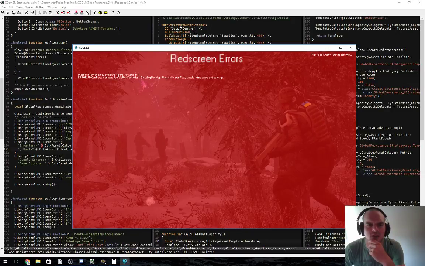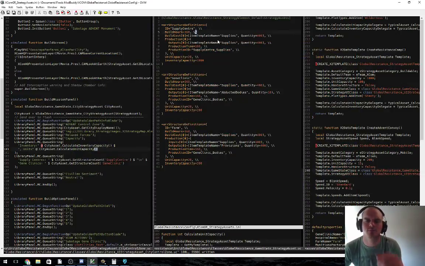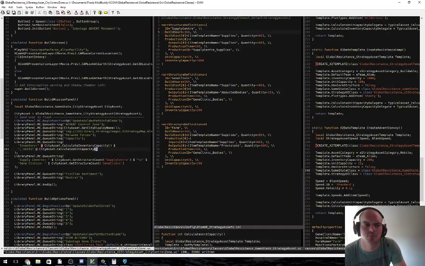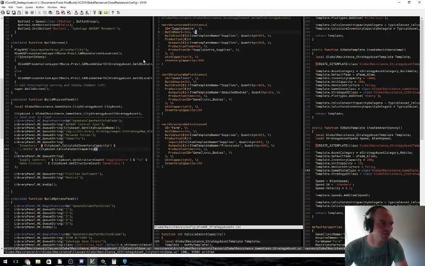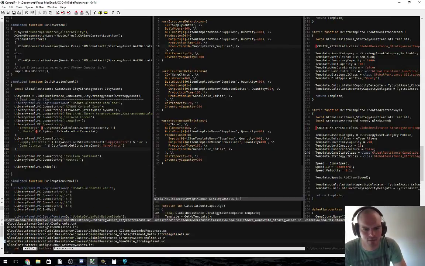Missing key name in. That doesn't help me very much. Let's look at the structure definition and see what I'm missing.